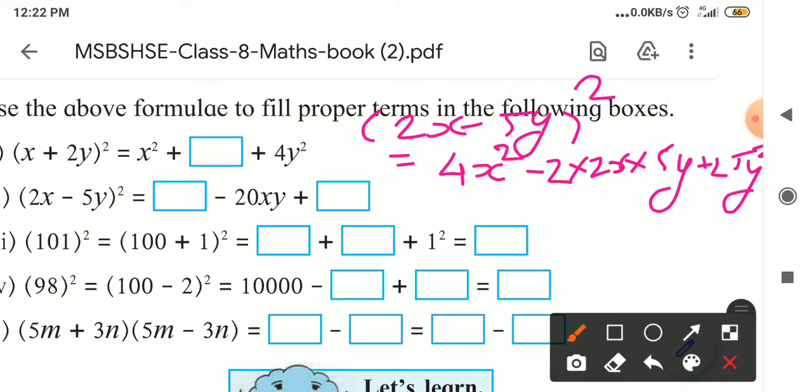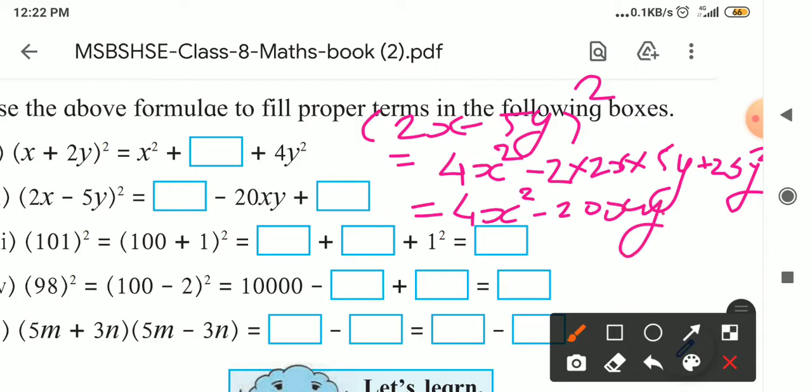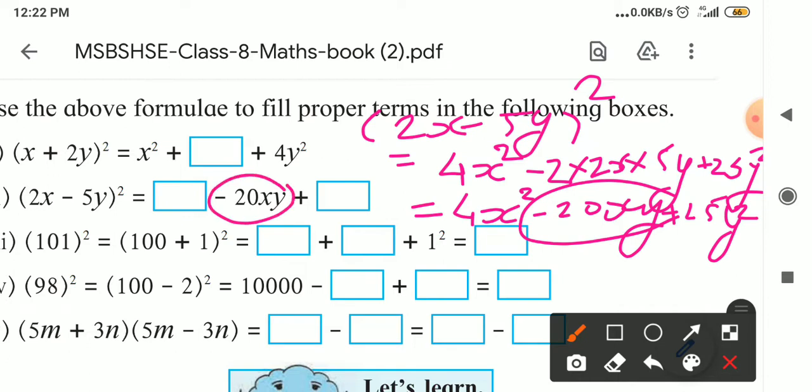Okay, it is not neatly written by me, 25y square. If you solve the next step, 4x square, then 2 2s are 4 and 4 5s are 20xy, plus 25y square. The 20xy is given at this place. So we write 4x square, the first term square, minus 2ab, and 25y square will come here. In this way we have to fill the boxes.